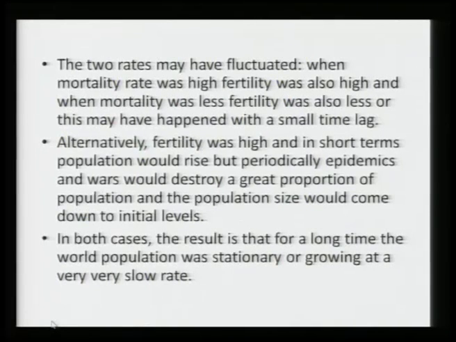So it may have been the case that for some time, for 10 years, for 20 years or for 50 years, population grew, but then because of epidemics or other natural catastrophes, pestilences, the population comes back to original size due to high death rate. In both cases, the result is that for a long time the world population was stationary or growing at a very, very slow rate.